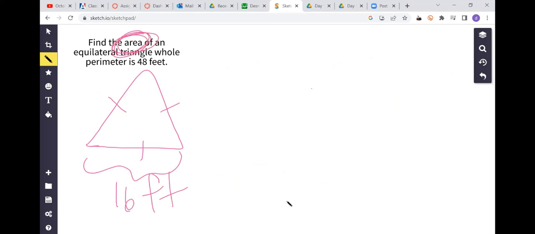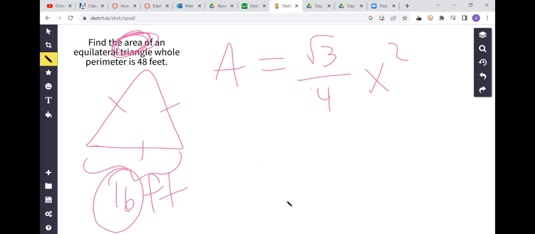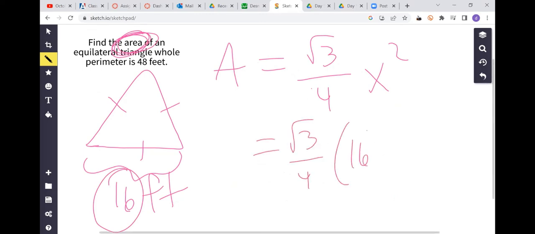But the goal is the area. Based on the formula that we just have, this formula is exclusive to the equilateral, no one else, only the equilateral. So take your 16 and drop it off right there. The area would be square root of 3/4 times 16 squared.